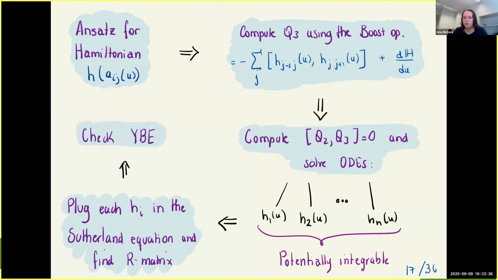So for all the cases we applied the method so far, Q2 with Q3 was enough. It basically fixed completely for us what the density Hamiltonian could be. We always found an R without having to put extra conditions on this. So this is already a conjecture related to the ratio taking condition.